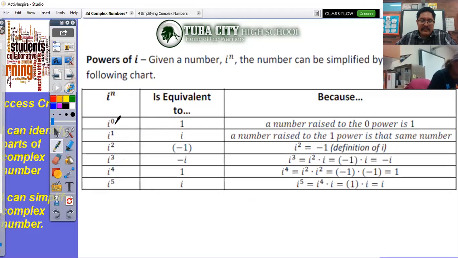So i to the 0, i to the 1, i to the 2 power, i to the 3 power, and so on. So we're just using our integers. Well, in this case, we're using whole numbers, but we have what it comes out to be. And this column is important because you will need this one for your answers.